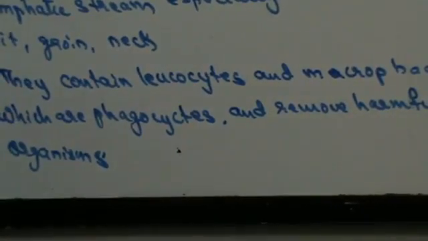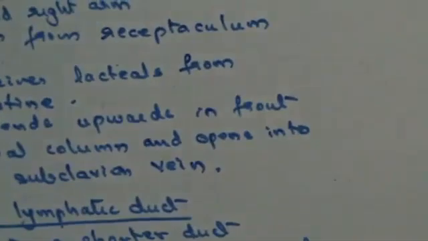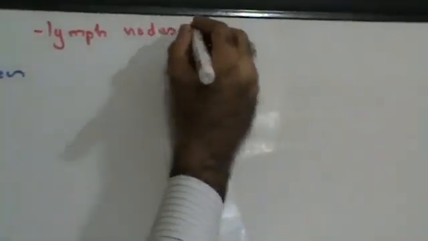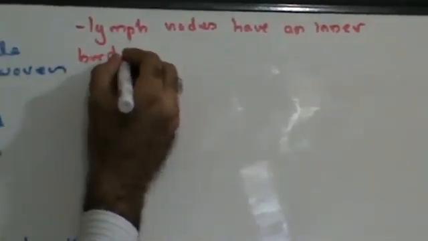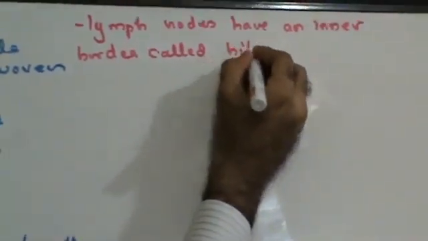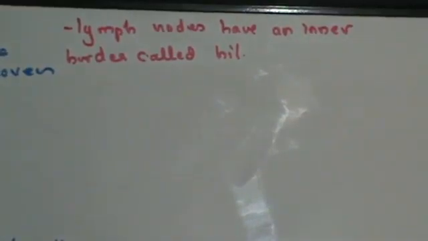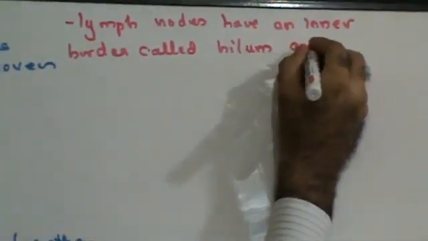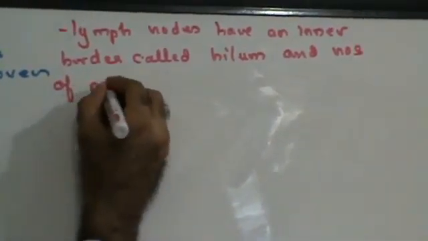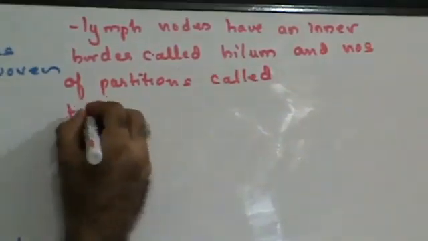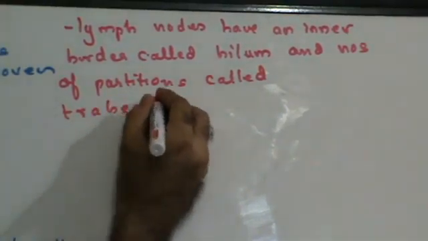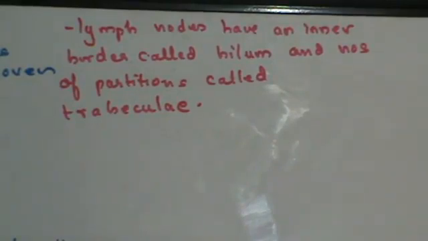Lymph nodes have an inner border called the hilum, and a number of partitions called trabeculae, right?